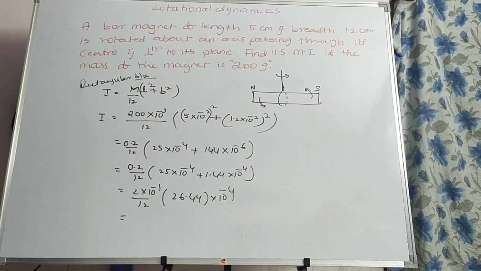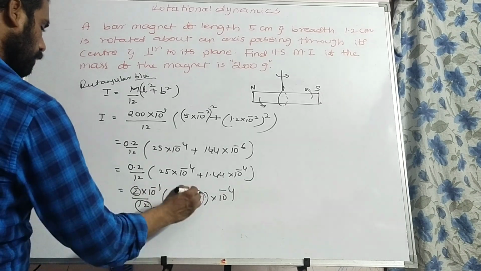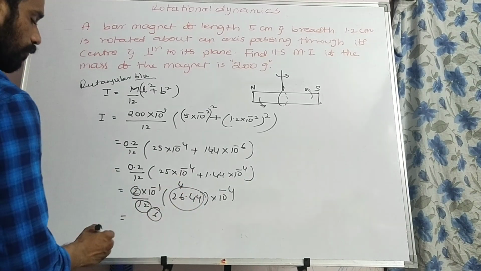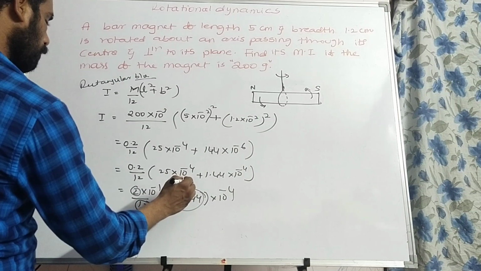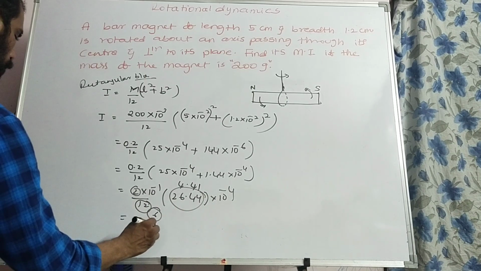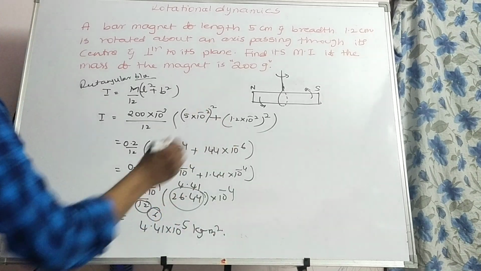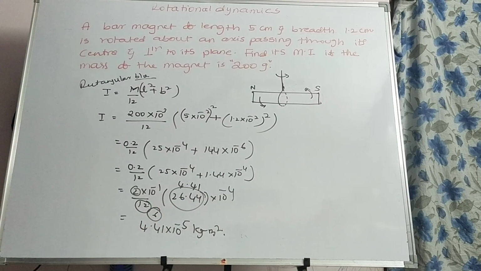So finally that is 4.41 into 10 to the power of minus 5 kg meter square, is the answer.